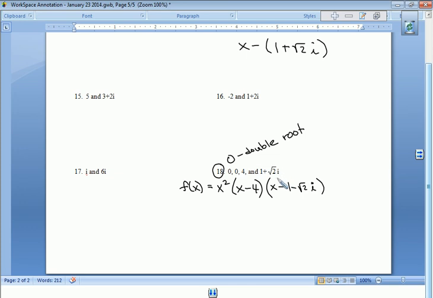Now, if 1 plus root 2i is a root, what must also be a root? 1 minus root 2i. So my next one would be x minus 1 plus root 2i.